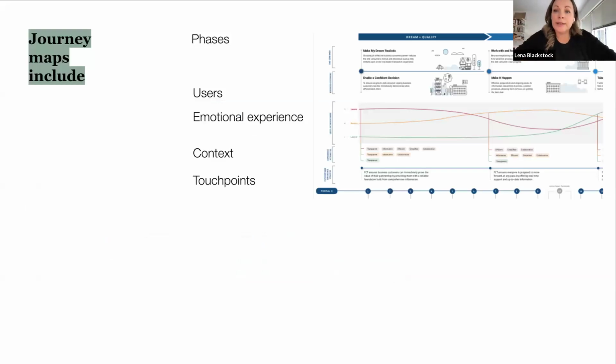So journey maps. In order to create journey maps, some of the most important pieces to capture, and these can vary, right? Like there's many different ways to create journey maps, but we want to include usually the phases. How does this experience unfold? And what are the stages of the experience to the user? Not the business people, the user mainly.